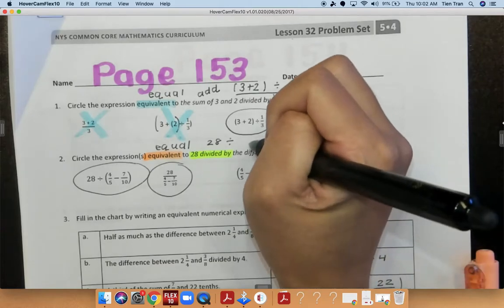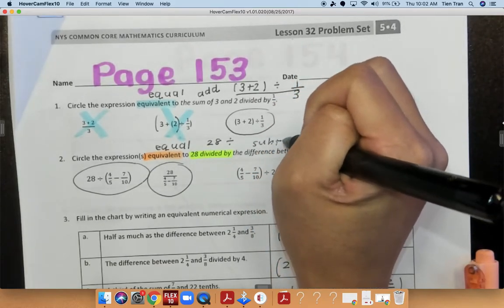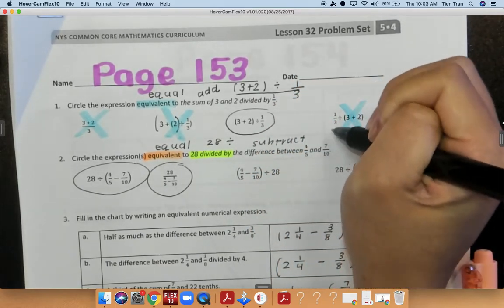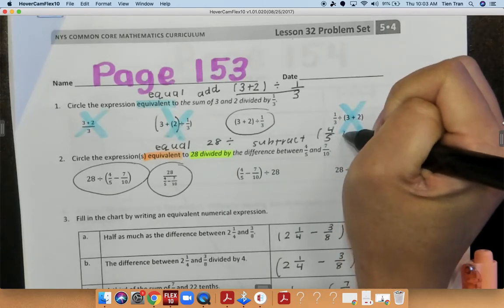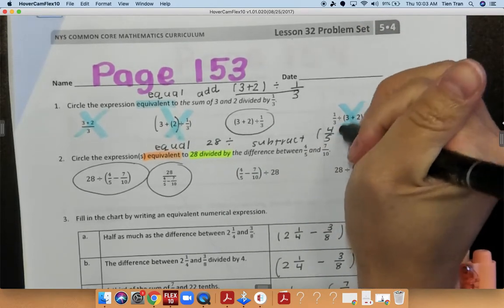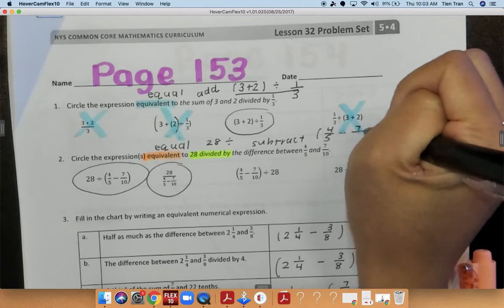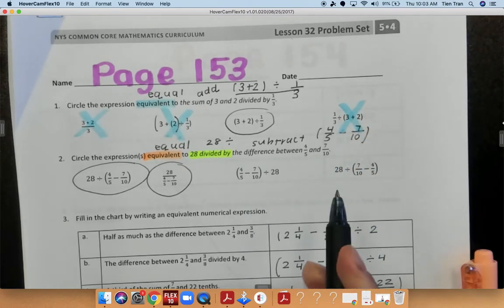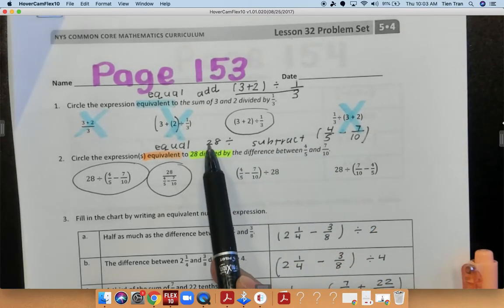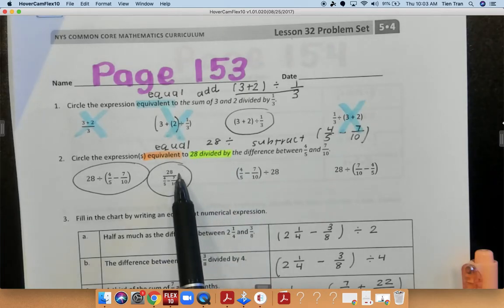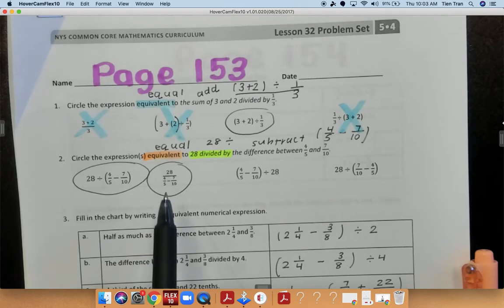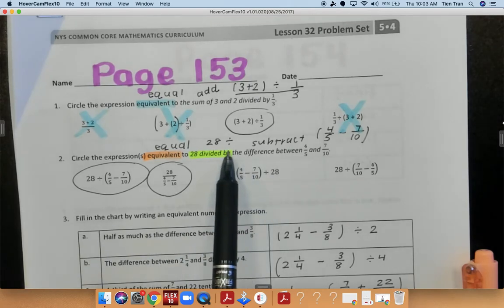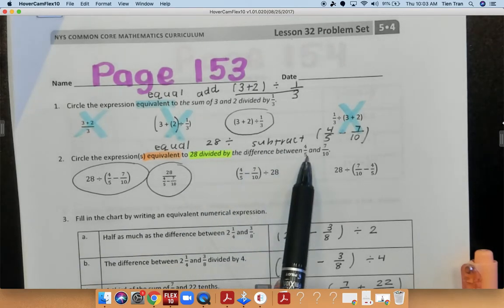Difference means to subtract, and they want you to subtract 4/5 and, oops, I almost put a plus sign, 4/5 and 7/10. So I'm going to look for expressions that look like that. So we have 28 divided by, and 28 divided by can be written like this, where 28 is at the top, and then the rest of them are on the bottom, which is 28 divided by 4/5 and 7/10.